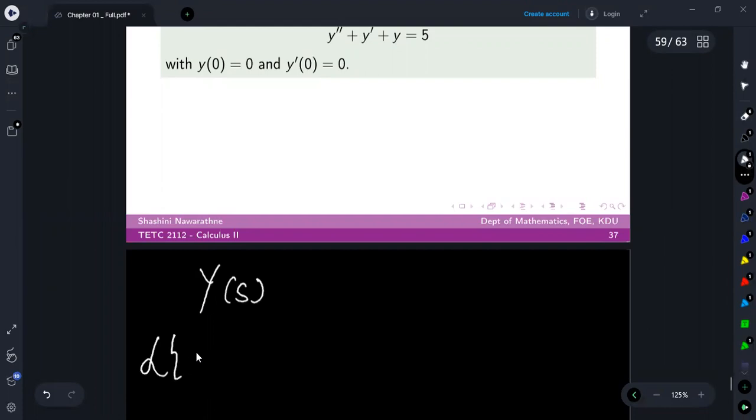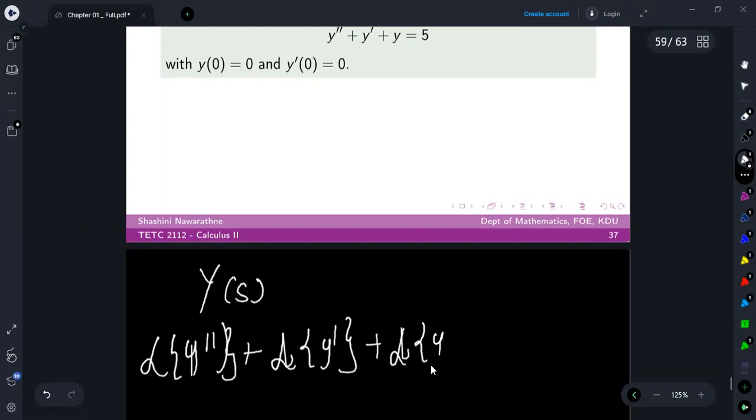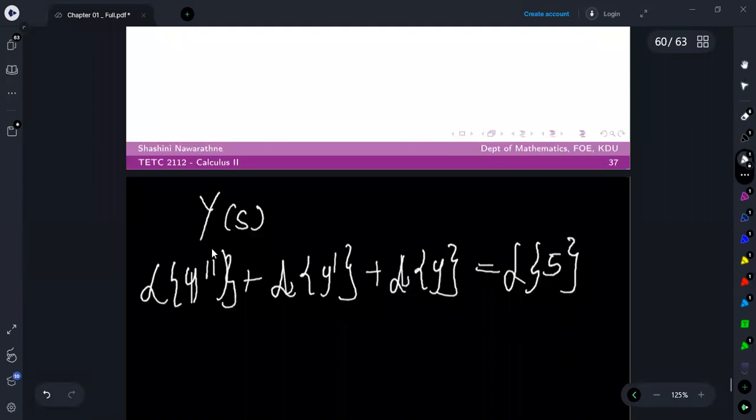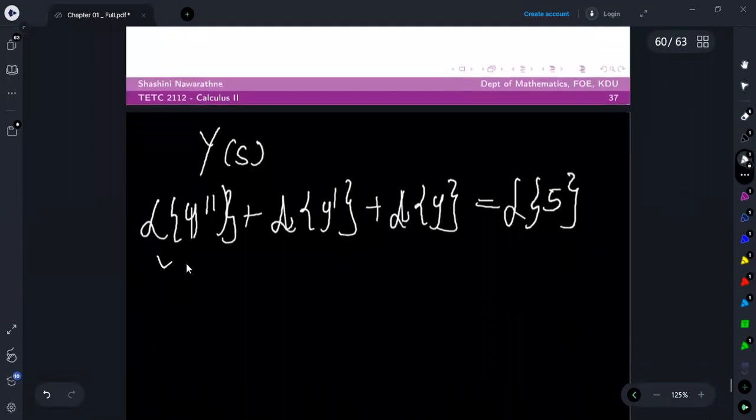So the Laplace transform of y double prime plus the Laplace transform of y prime plus the Laplace transform of y is equal to the Laplace transform of the right-hand side. In both earlier cases the right-hand side value was 0, but here it is 5.